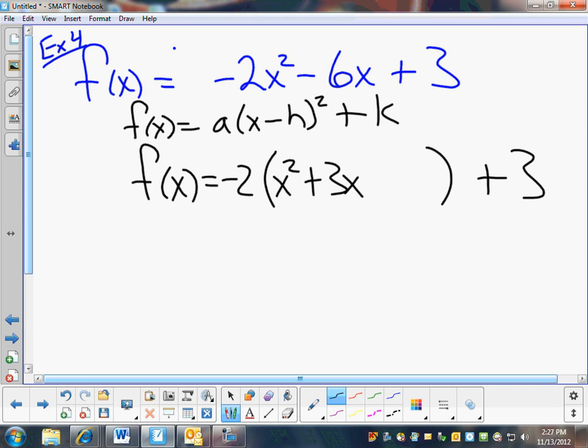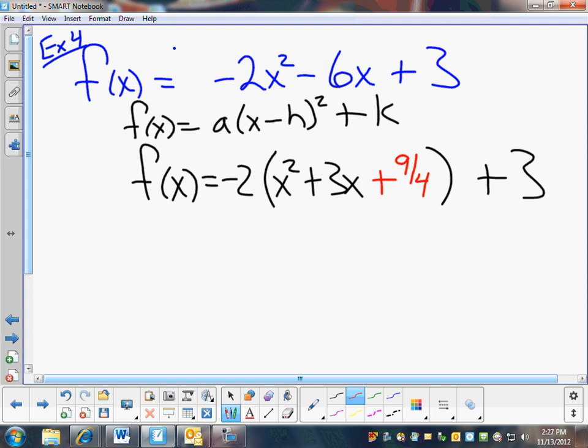Okay. All right. So now we got to complete the square. What number do you add inside here to complete the square? Very good. Not quite. But you take this number, divide it by 2, which is 3/2, and square it to get 9/4. So I'm going to add 9/4.